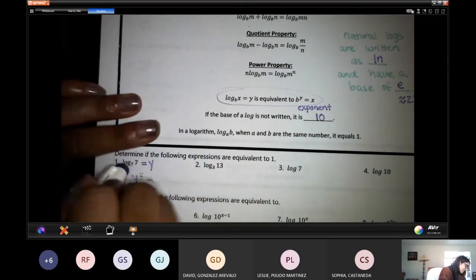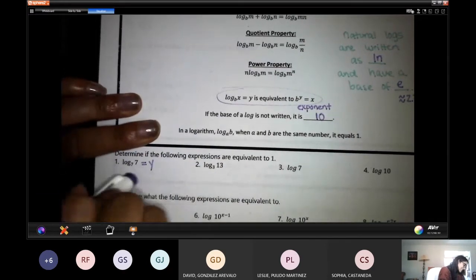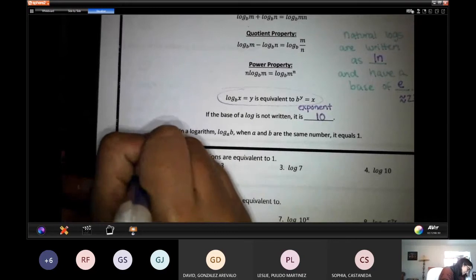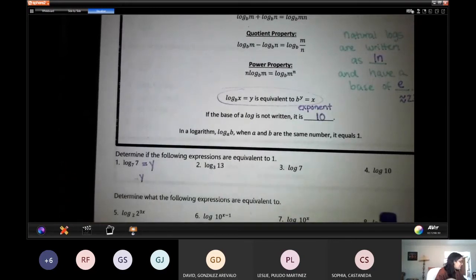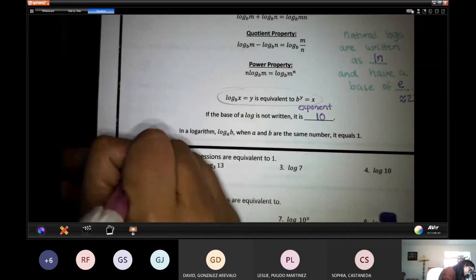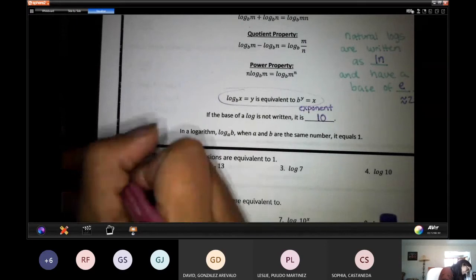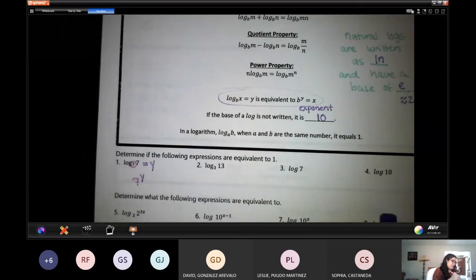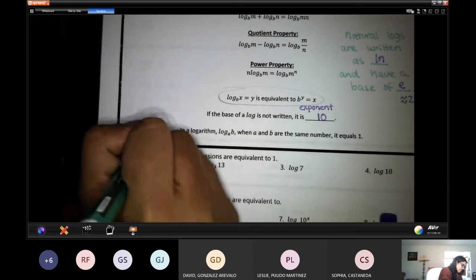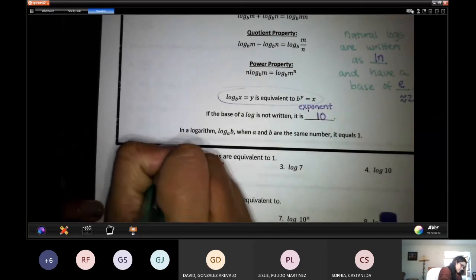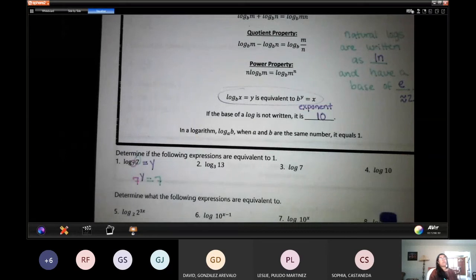Actually, different colors would be wise, so bear with me, y'all, while I struggle through this, as per usual. All right, so this b is going to be a 7, and then it's equal to 7. All right, so what would y be equal to then?